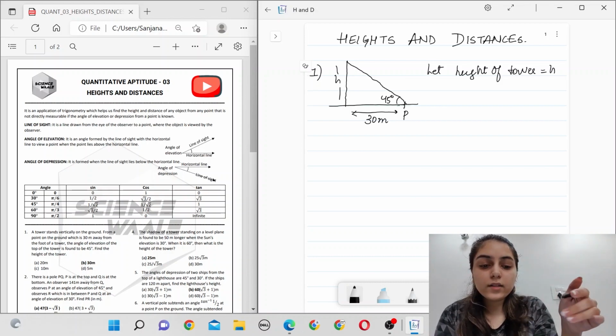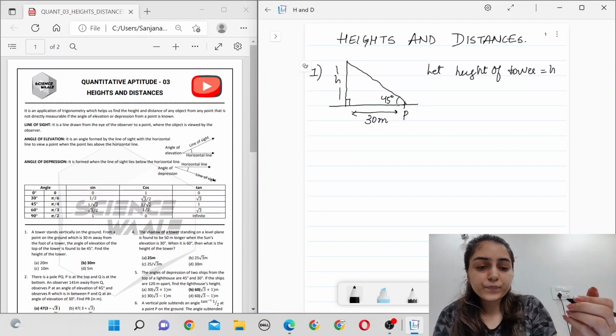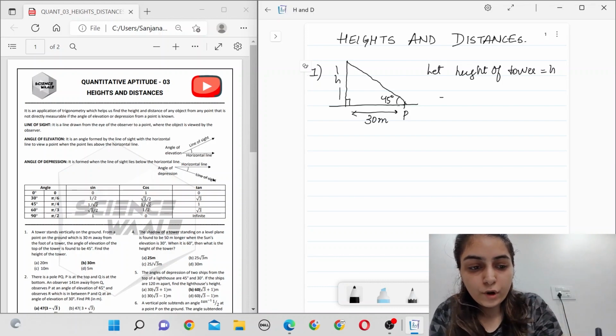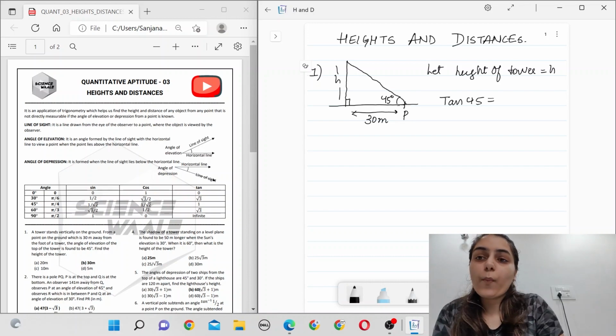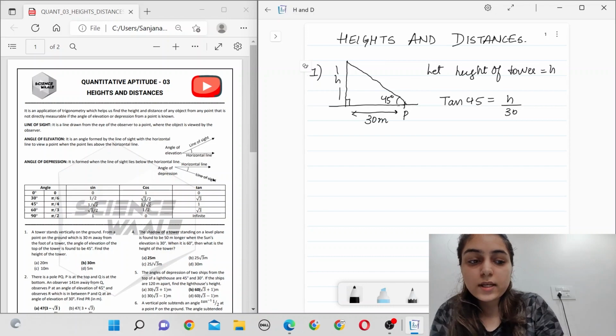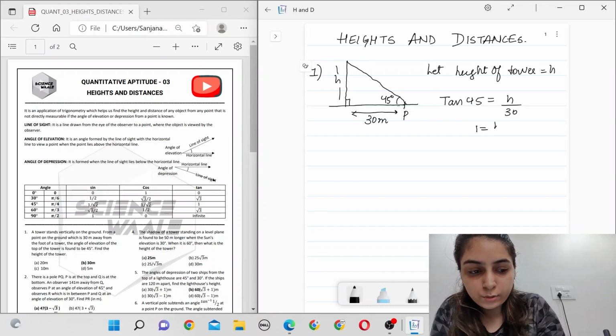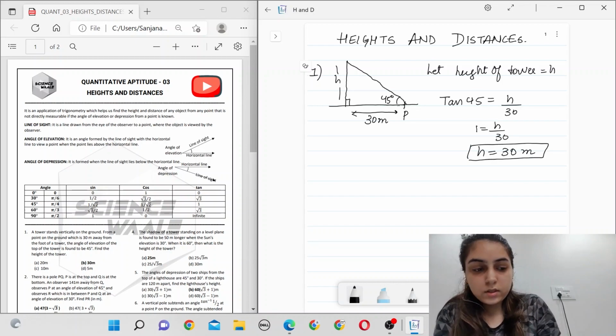It is a right angle triangle, so we will be applying tan 45. Tan 45 is opposite side by adjacent side, so it is h by 30 in this case. Tan 45, as you all know, is 1, so 1 is equal to h by 30. So the height of the tower is going to be 30 meters. So your answer is option B.